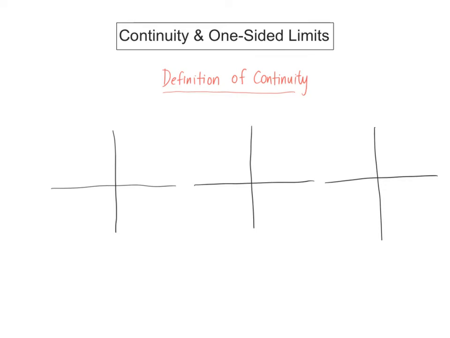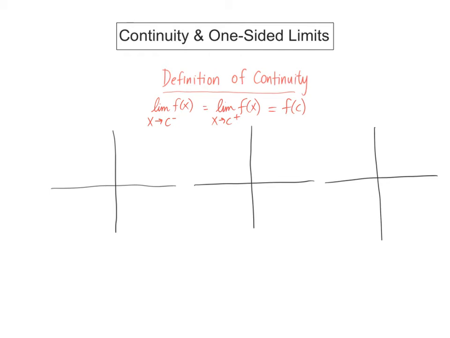A function is continuous if the limit as x approaches c from the left of that function, and c could be any particular x value, is equal to the limit as x approaches c from the right, which is what we just talked about on the last slide. The limit from the left and the right have to be equal. And in order for it to be continuous, this also has to be the value of the function at c.